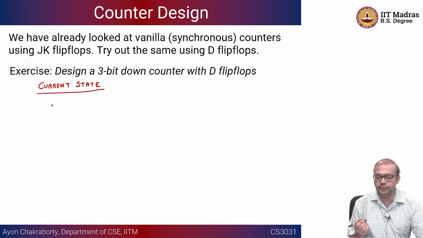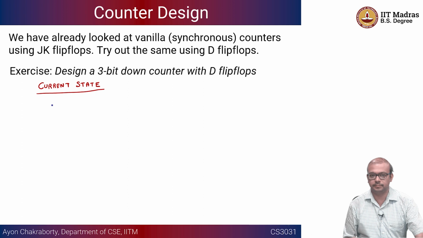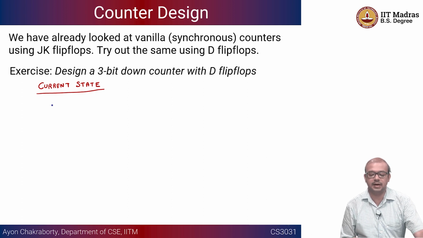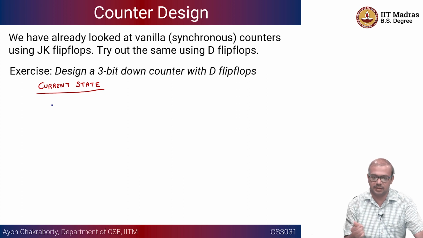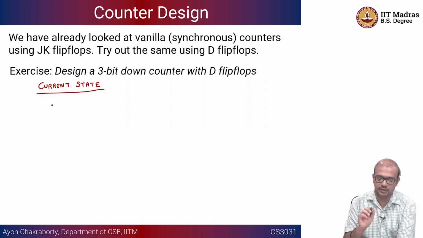Are there any inputs to this system? No. If there was an input to the system, we could have thought, we can discuss it later, that the input could be whether it wants to count up or count down. So if somebody presses count up, it will count up. If somebody presses count down, it will immediately start counting down. We are not considering it right now. We'll stick to a simple 3-bit down counter.